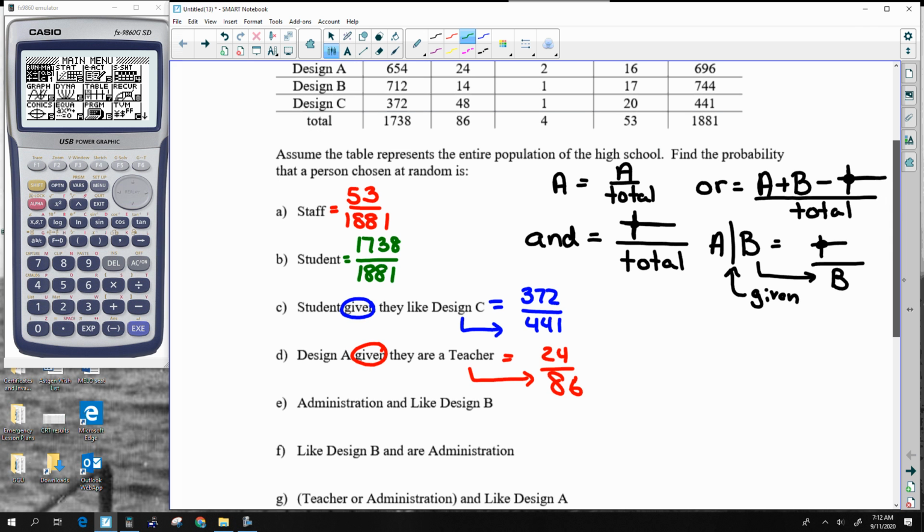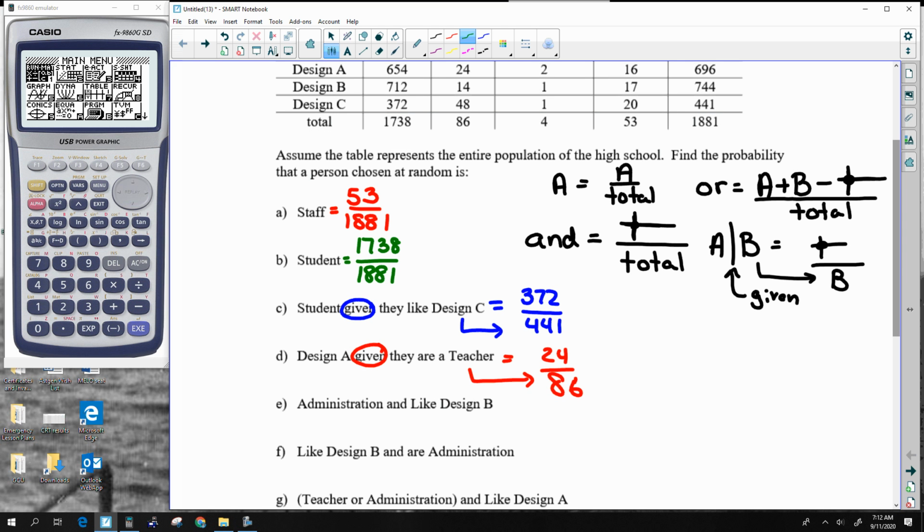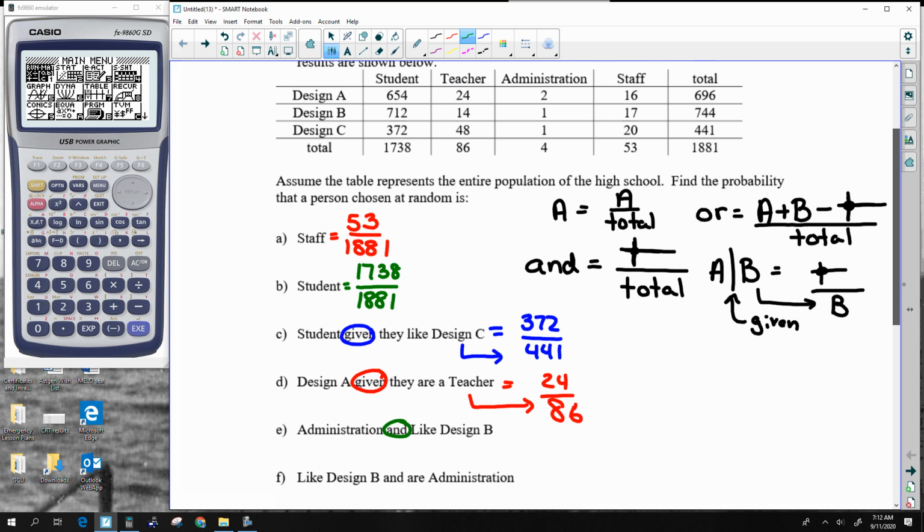Let's see, what's next? We have and, so just straight up the intersection. So administration with design B, so that intersects with 1. So 1 out of 1,881.